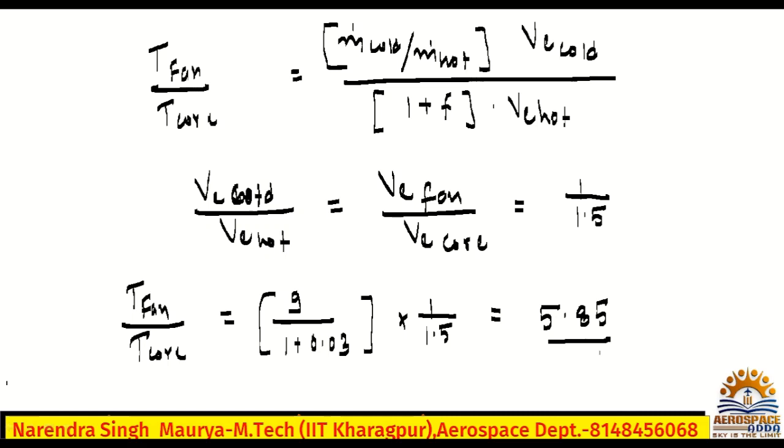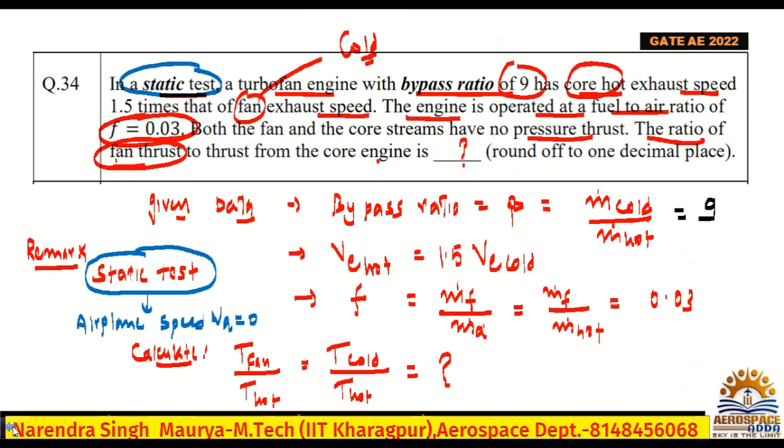This is the ratio. Okay, it is 9 divided by 1.03 divided by 1.5, so 5.85 or 5.82, something you are getting. All right. So here that ratio they had asked. Check. So this ratio you can fill here. What is the value you are getting? You can say 5.85 or 5.82 approximately. One decimal they are saying, so you can write 5.8 something.